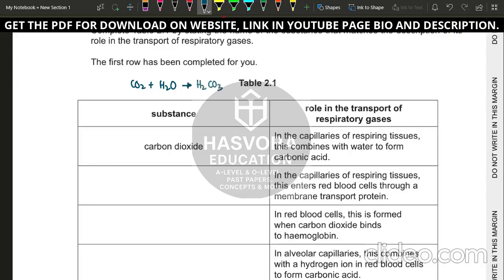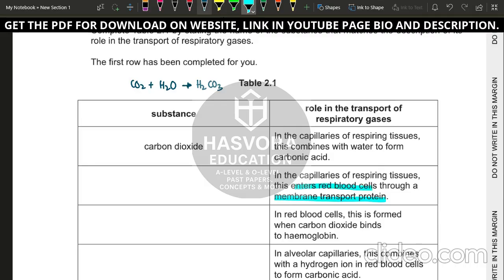Then for the second one, it says in the capillaries of the respiring tissues, this enters the red blood cell through a membrane transport protein. Now first of all, just focus on this word. Okay, this is the biggest hint in this whole line. So it actually moves through the membrane transport protein. Now by this we know that it is a charged molecule or an ion, because only a charged molecule or ion can move through a carrier protein. And then we also have that it enters the red blood cell.